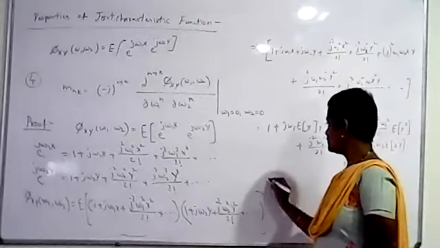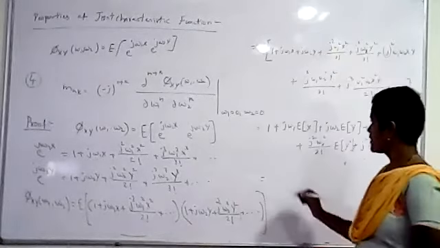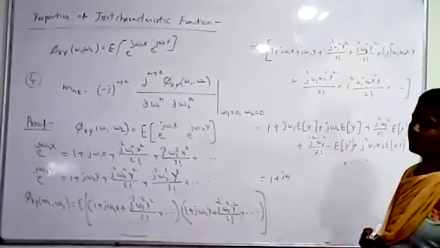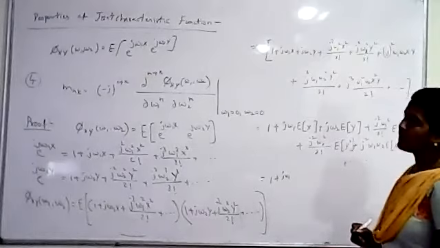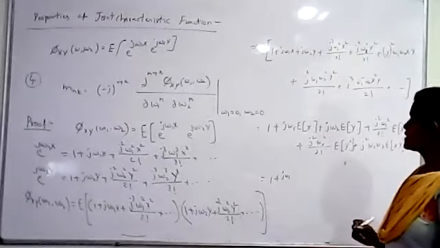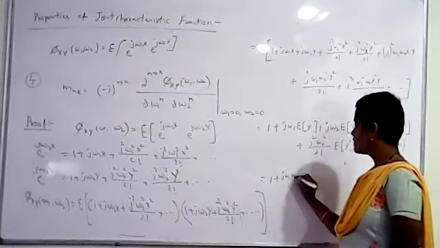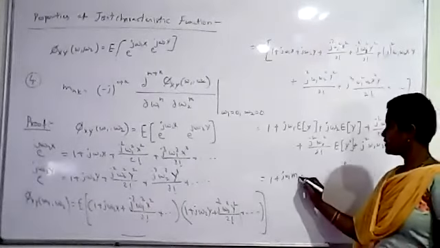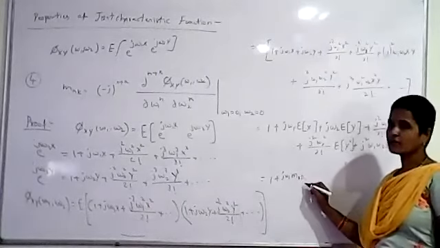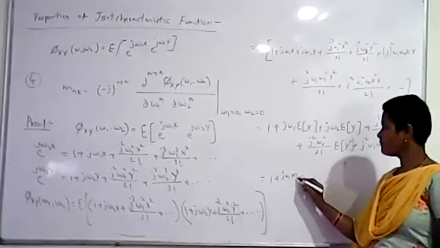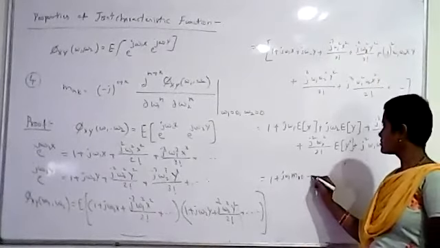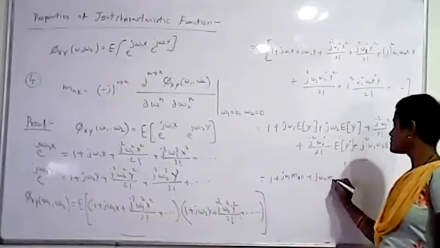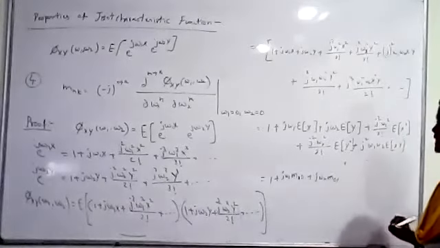So 1 plus j omega 1, what is the expected value of x now? Do you remember what is the expected value of x? It is x bar, the first order joint moment, M10. Similarly, j omega 2 times the expected value of y is the first order joint moment M01.